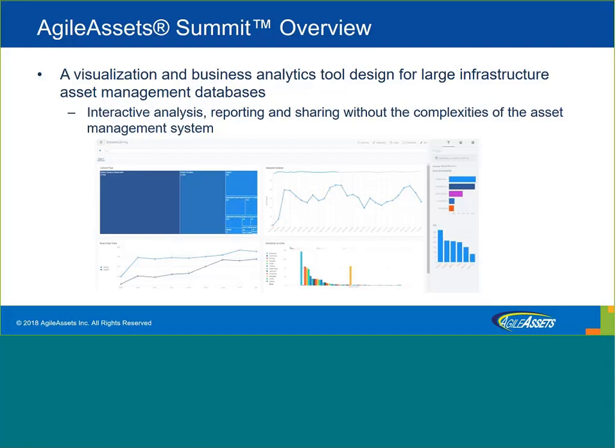However, one thing I would like to mention is that the role of the Summit platform is mainly for interactive analysis, reporting, and sharing the complexities with other asset management systems. So initially, you will start your analysis using the Safety Analyst tool to get a better understanding and identify the hotspot, and then you push those data sets or results into Summit for further exploration.